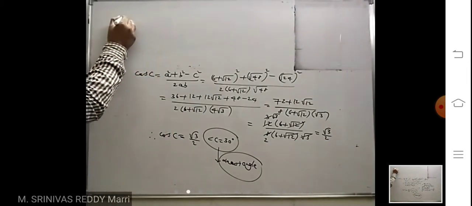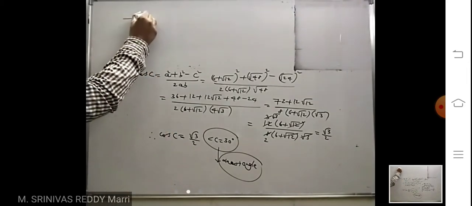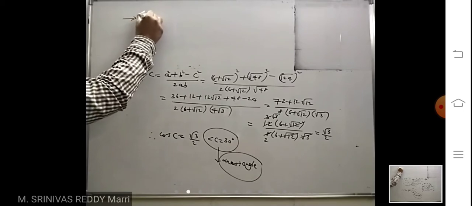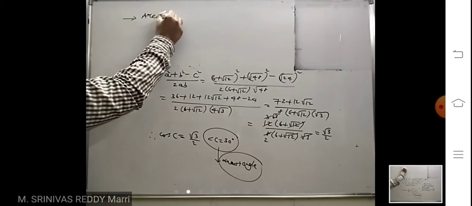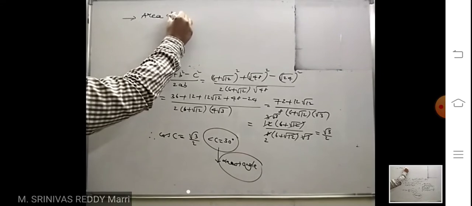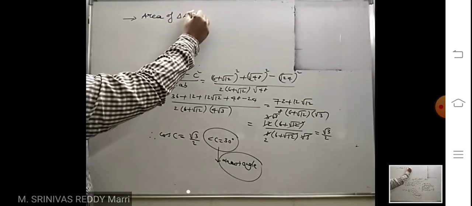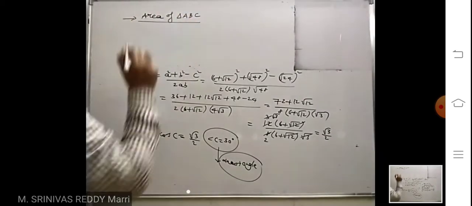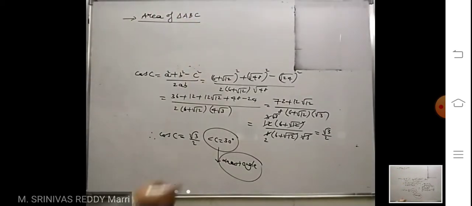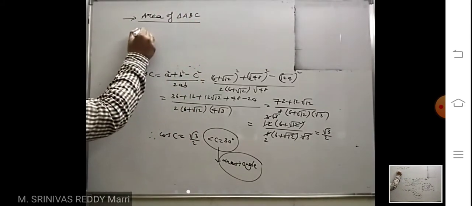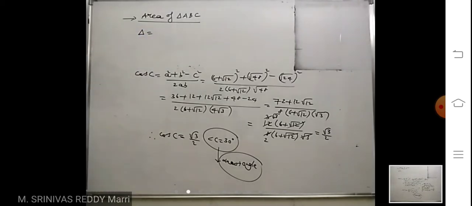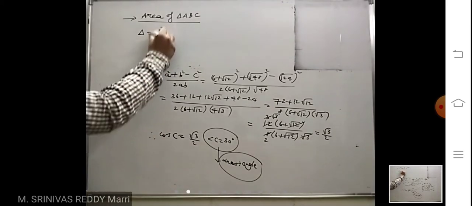Now look at the next important proposition, the area of triangle. Area of triangle ABC is denoted by delta. Area is always denoted by delta. You have different formulas.